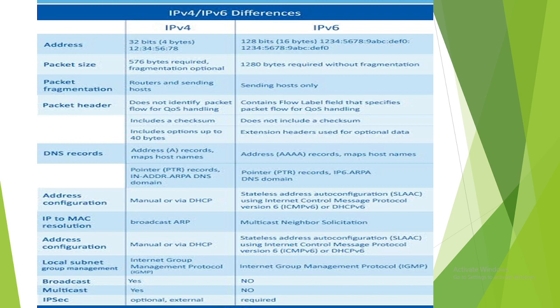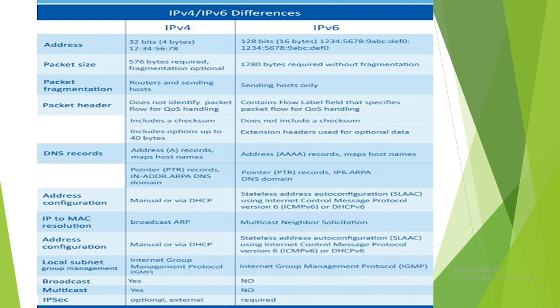So these are the differences between IPv4 and IPv6. IPv4 has a 32-bit address, IPv6 has 128 bits. Packet size for IPv4 is 576 bytes, with fragmentation optional, while IPv6 requires 1280 bytes without fragmentation. Fragmentation is done by the router and sending host only.